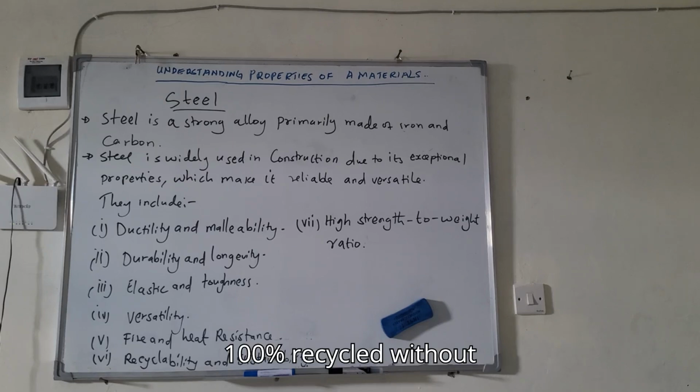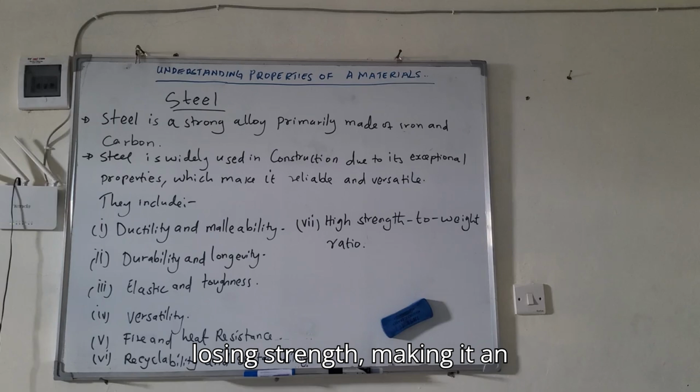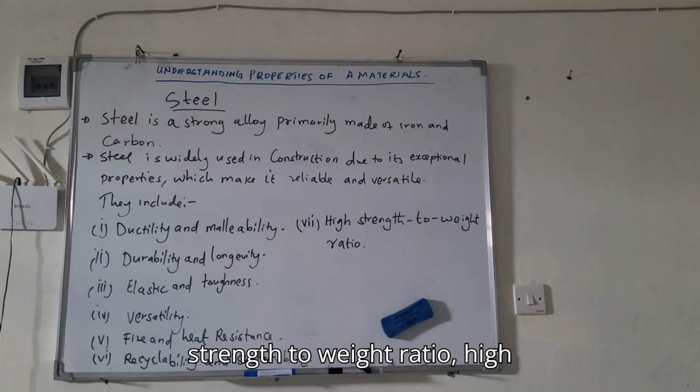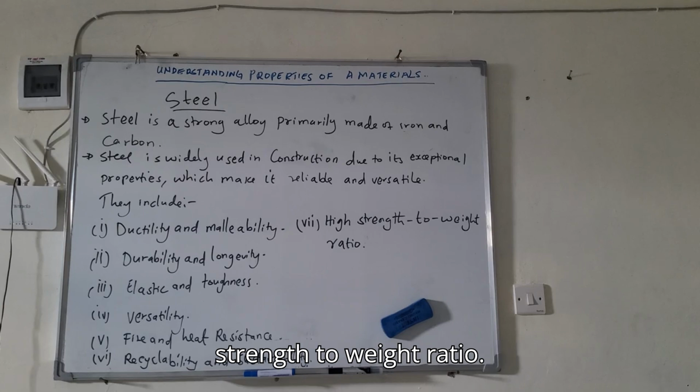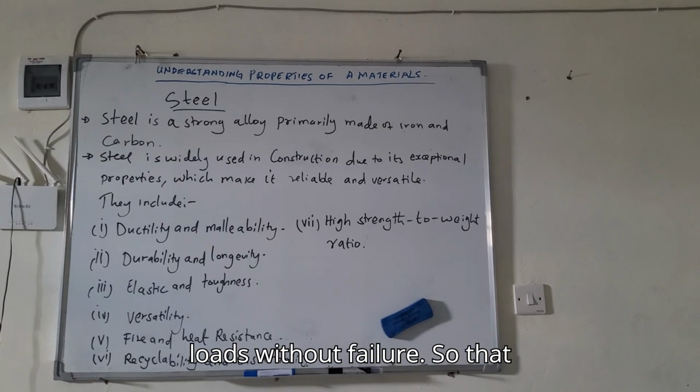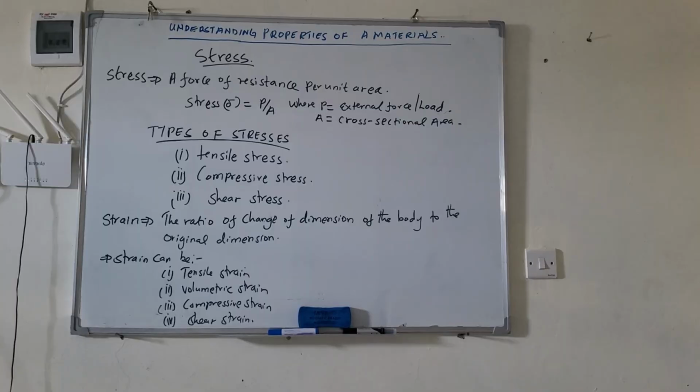It is 100% recycled without losing strength, making it an eco-friendly construction material. And the last one, we have high strength to weight ratio. High strength and compressive strength allowing the structure to withstand heavy loads without failure. So that is about steel.